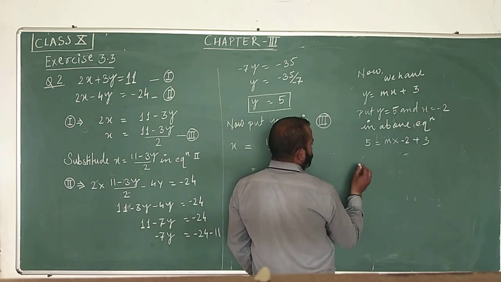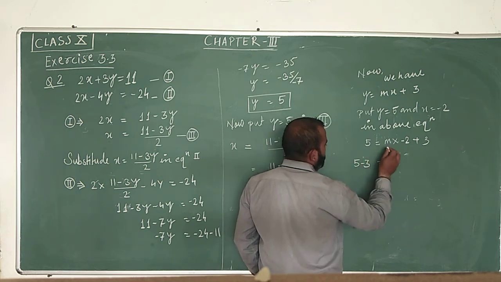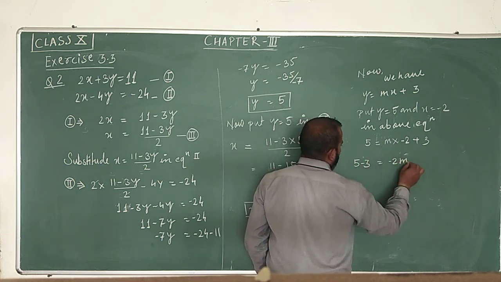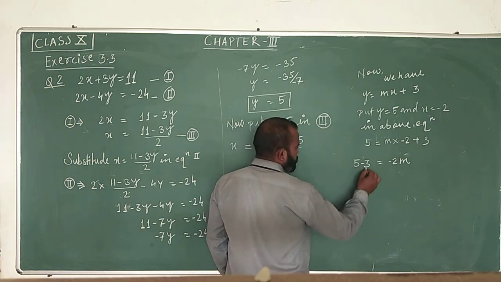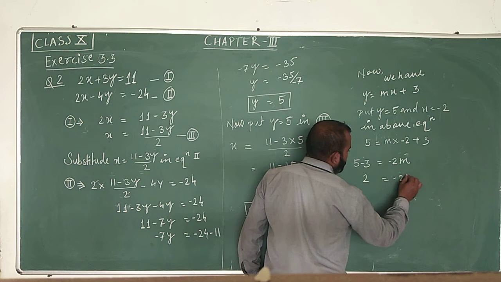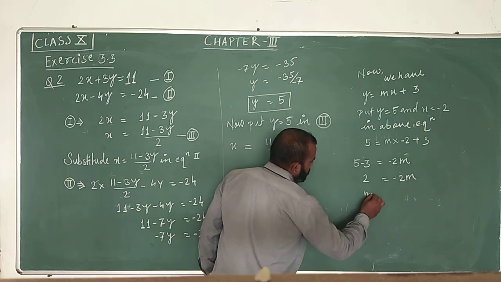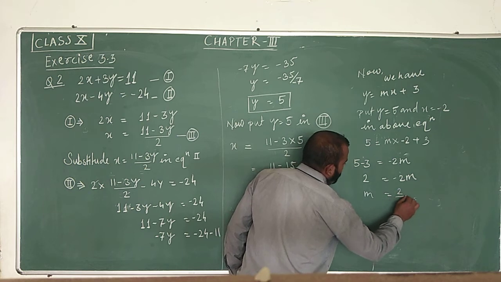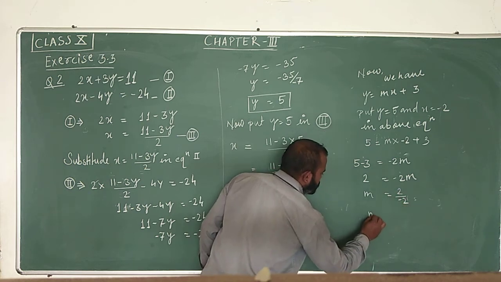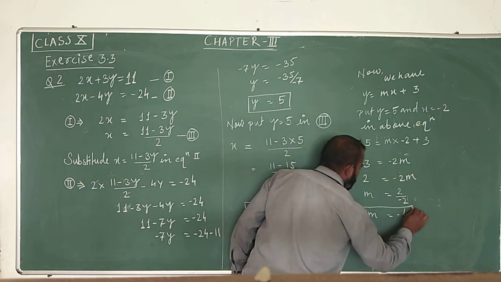You can send 3 to this side. 5 minus 3 equals m into -2, which is -2m. 5 minus 3 is 2. 2 equals -2m. So m will become 2 upon -2, that is m equals -1.